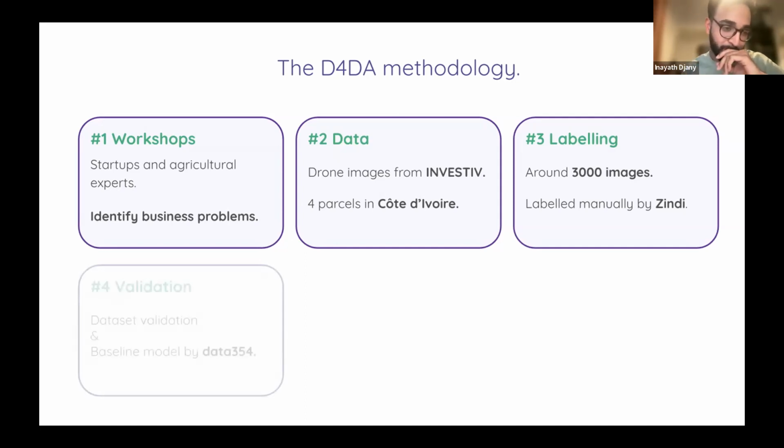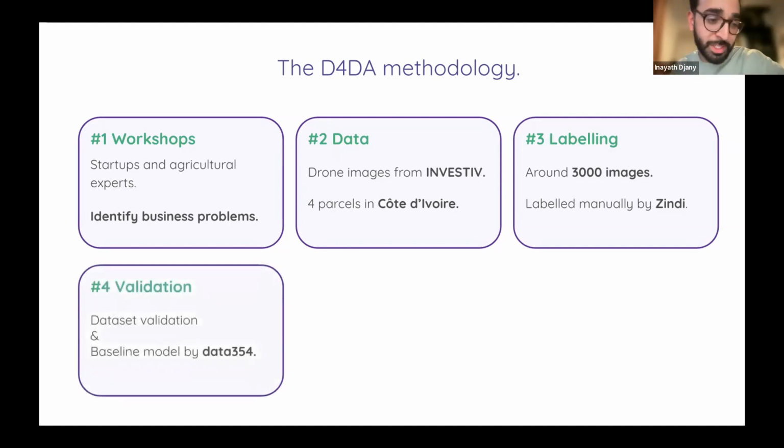Then we had the validation step. We had to validate the data sets and the baseline model, which is basically a proof of concept of the feasibility of the hackathon. That was work done by Data 354, and after, Yusuf can dive more into the technical part of this baseline model.